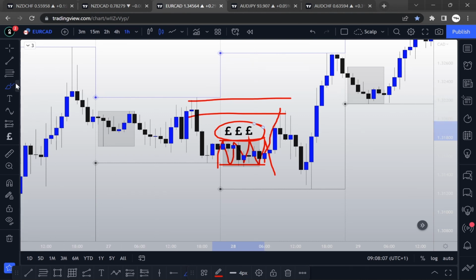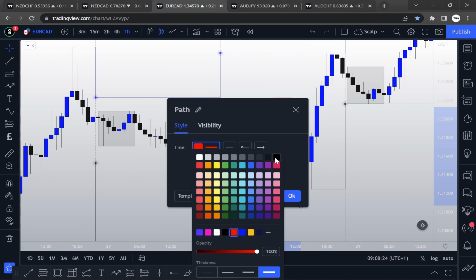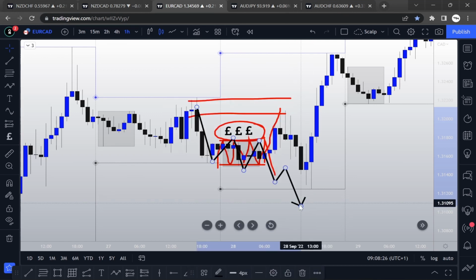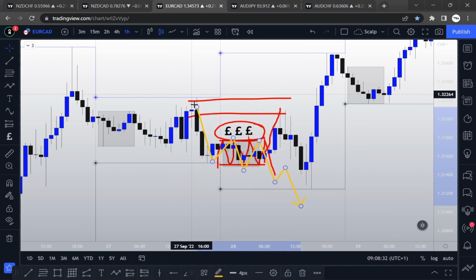Because if you look at it, the price was kind of trending in the downwards direction. Okay, let's make this a different color so that you can see it clearly. Let's make it yellow right there. So the market was bearish, it was going downwards.